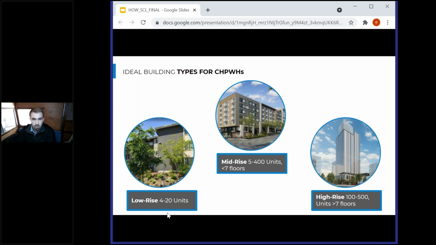And then the high-rise buildings work well with heat pumps as well. And you'll see big systems of several large commercial heat pump water heaters that can serve the domestic hot water needs of these high-rise buildings. Really, there's not a limit on how much hot water they can supply. It's just a matter of getting more heat pumps on the roof of your building or wherever you can fit them.